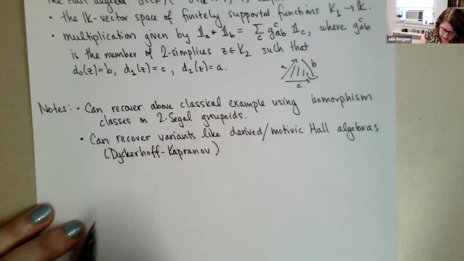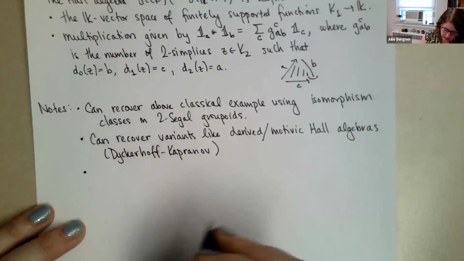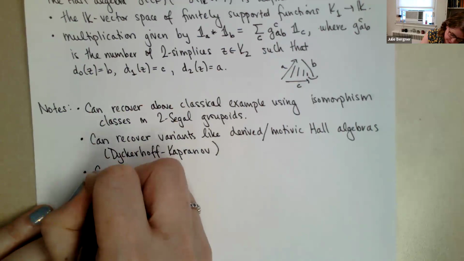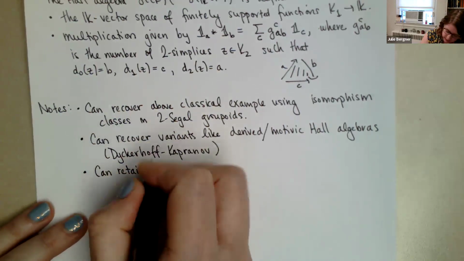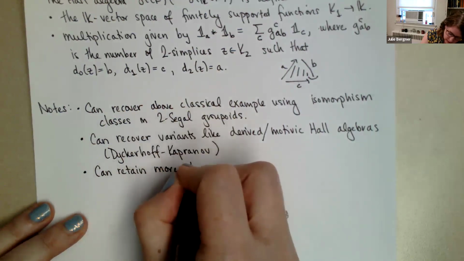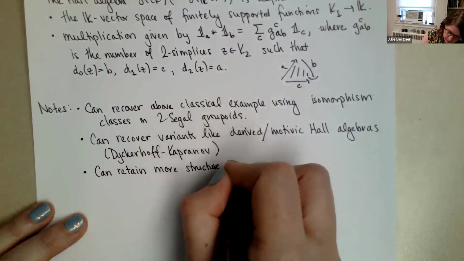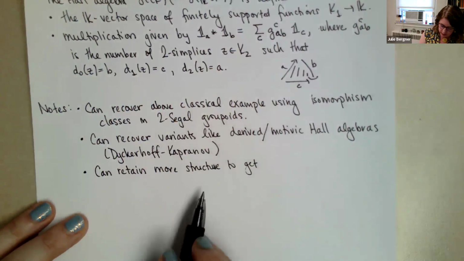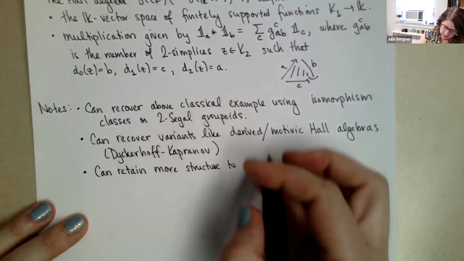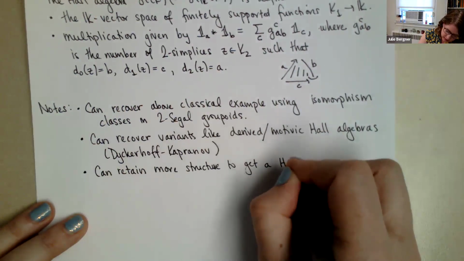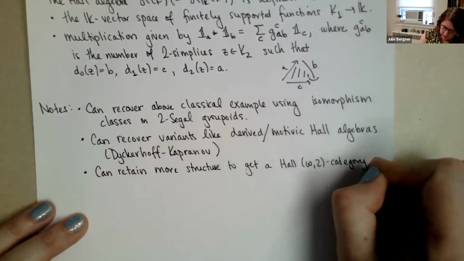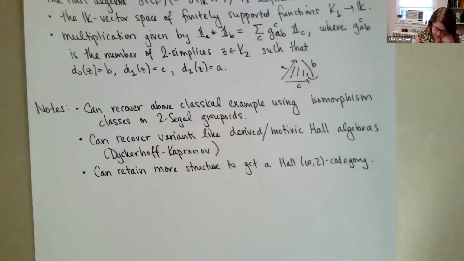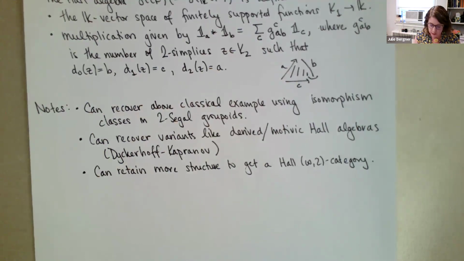And if you say, well, I don't like taking isomorphism classes, can I keep more of that data? You can, and again, Dyckerhoff and Kapranov do this. You can retain more structure, and if you don't want to take isomorphism classes, you can get a Hall infinity 2-category. That's a whole other story and much more complicated, but again, a very beautiful theory.